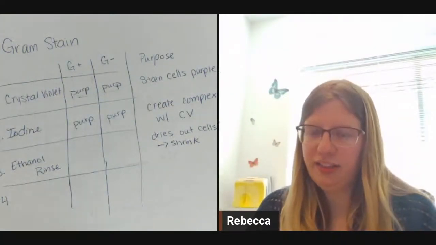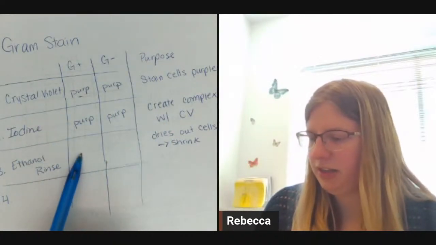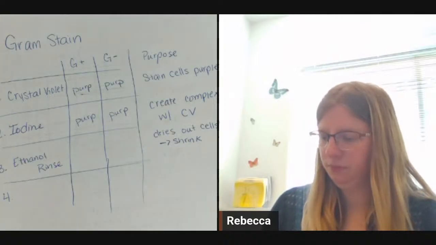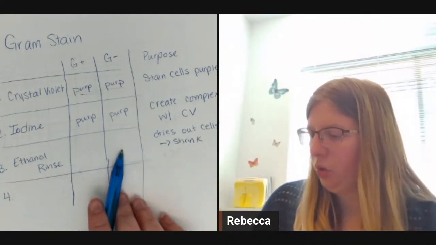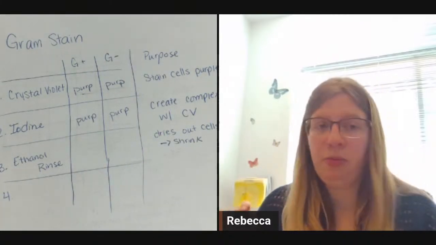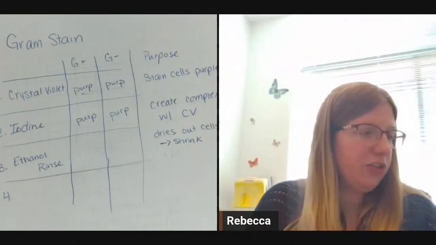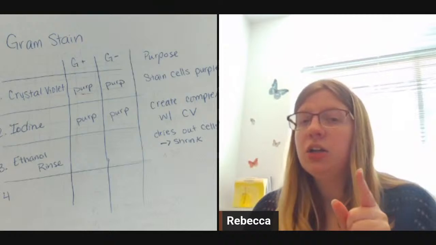What do you think that shrinking is going to do to our crystal violet iodine complex in our gram-positive bacteria? Or what's going to happen with our gram-negative bacteria, where we know that outer membrane is made up of lipids, right? The reason our hands are normally soft and not dry is because of oils, which are also lipids.